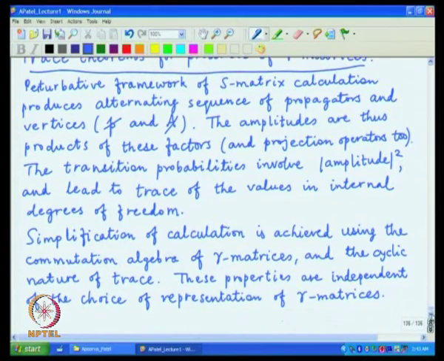In particular, to calculate these various transition probabilities, we do not have to make a specific choice of the Dirac matrices.